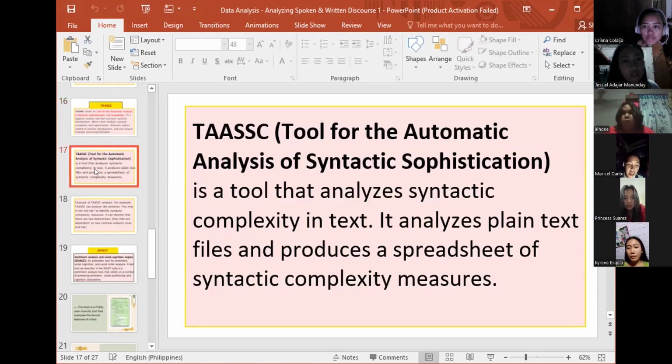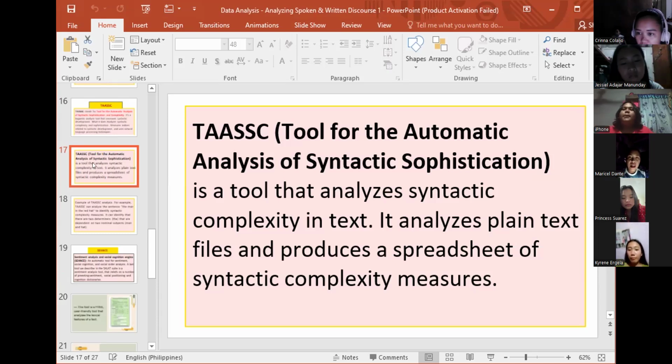It measures indices related to syntactic development and uses natural language processing techniques. An example of this is "the man in the red hat." To identify syntactic complexity measures, it can identify that there are two determiners, the word "the," and two nominal subjects, the man and also the hat. We can also identify that there is a prepositional dependent, in the red hat, governed by the nominal subject, man.